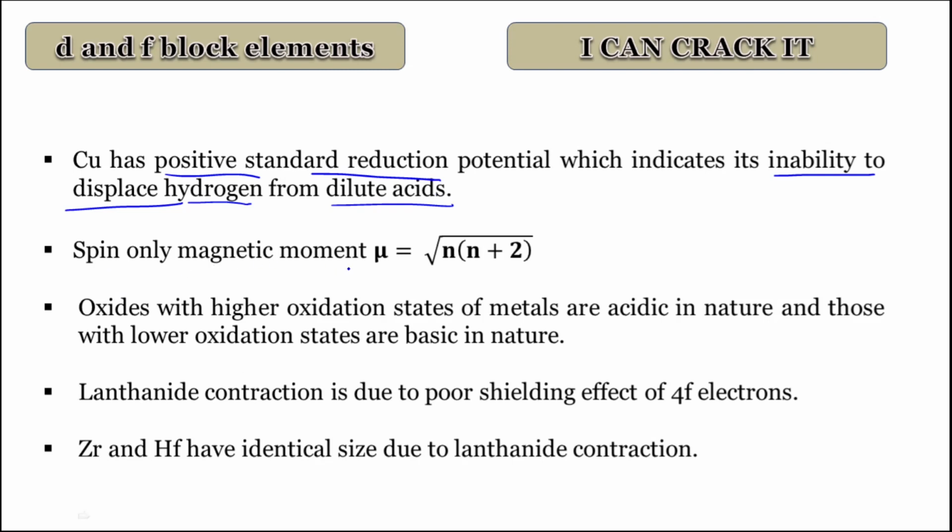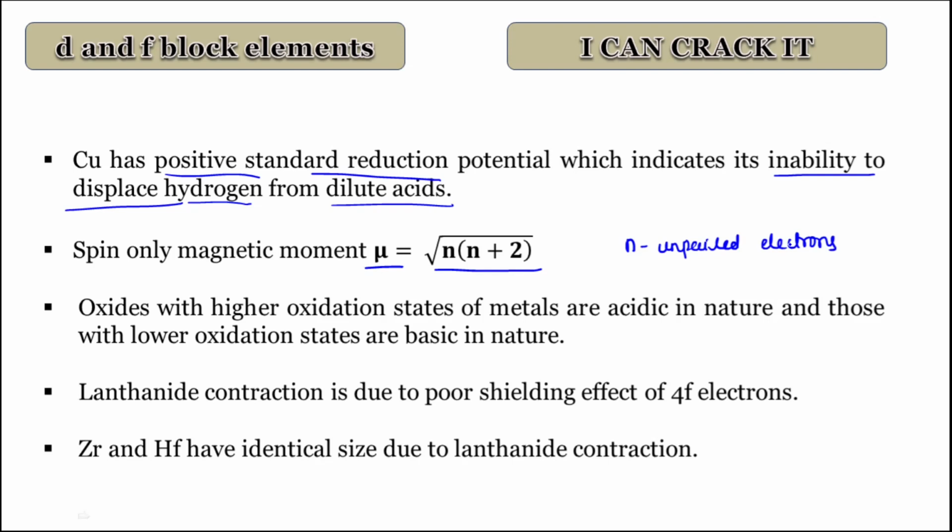Now coming to spin-only magnetic moment, the formula is mu equals root n into n plus 2. Here n is the number of unpaired electrons. Now if there are no unpaired electrons, the ion has zero magnetic moment. That is diamagnetic.